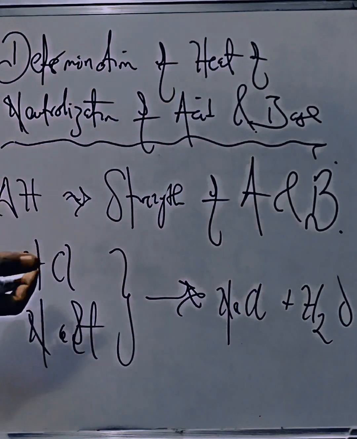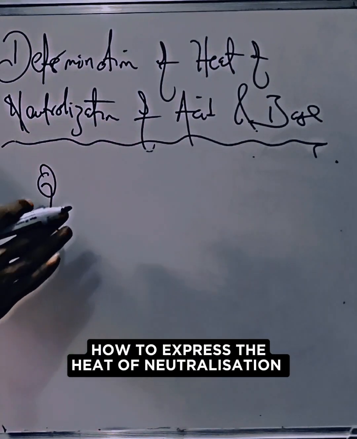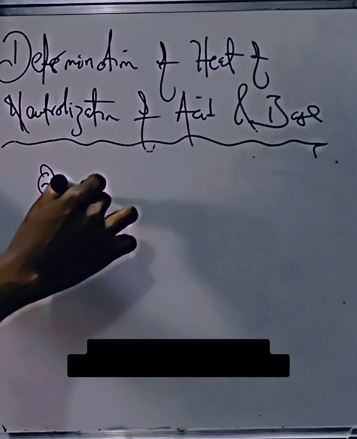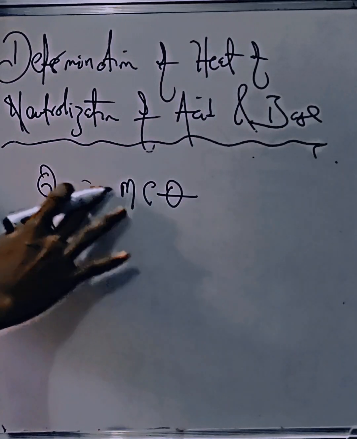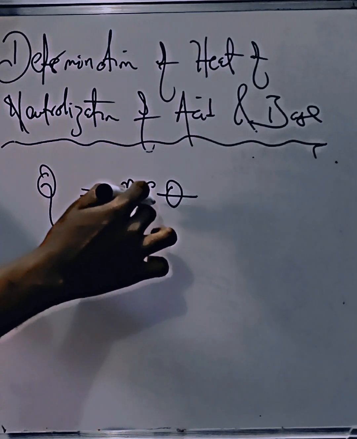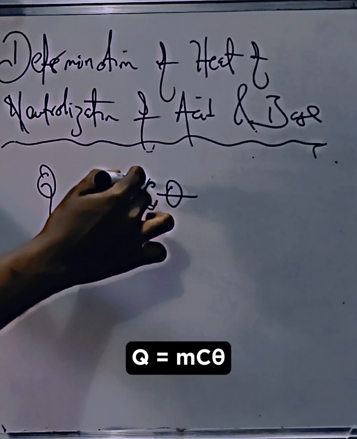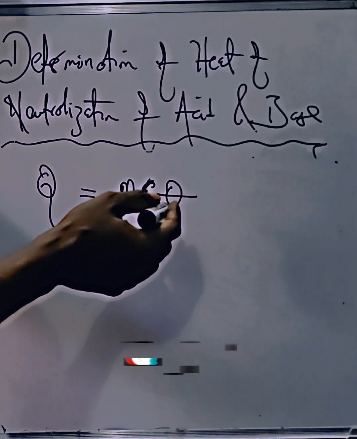Mathematically, how do we express it? Quantity of heat released or absorbed by a system is equivalent to mcθ. This is the mass, this is the specific heat capacity, the heat required to raise the temperature of a body by 1 Kelvin or 1 degree Celsius.